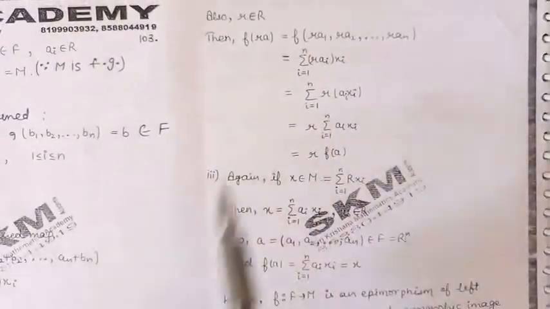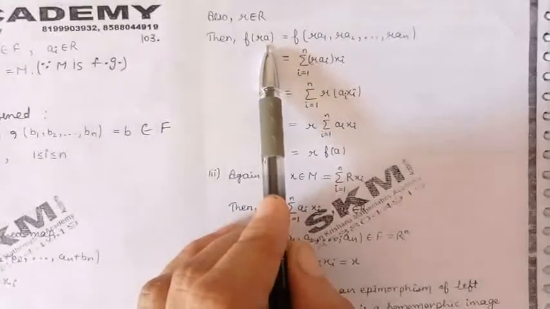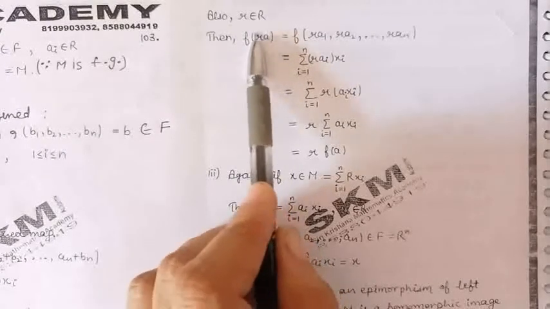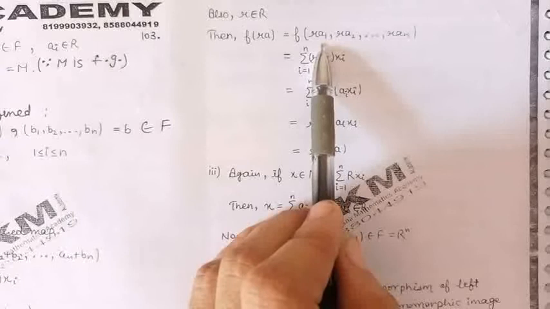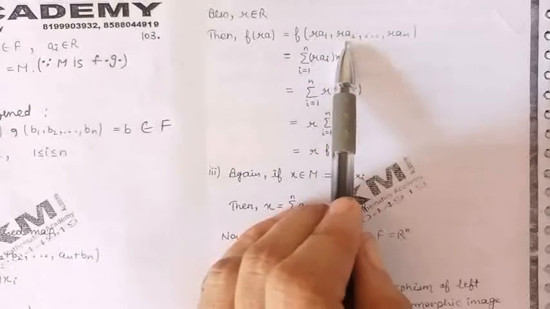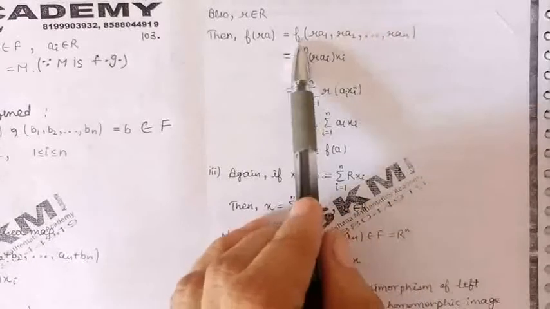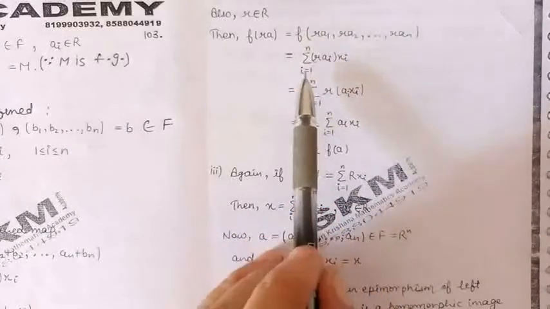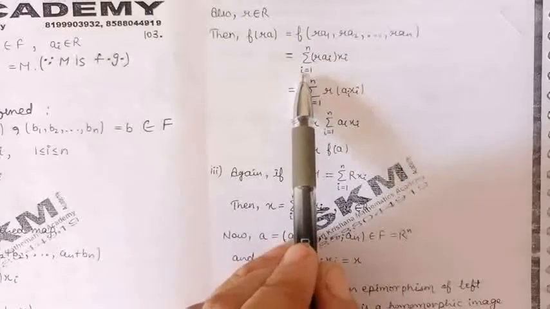Now to prove the second condition, let us take an element r belonging to the ring R, and a we have already taken from F. Let us find the image of ra. Now by definition of scalar multiplication, the element ra is an n-tuple having the components ra1, ra2, ra3 and so on up to ran. Let us find the image of this element under f. By definition of mapping f, this will be summation r ai into xi, where i varies from 1 to n.